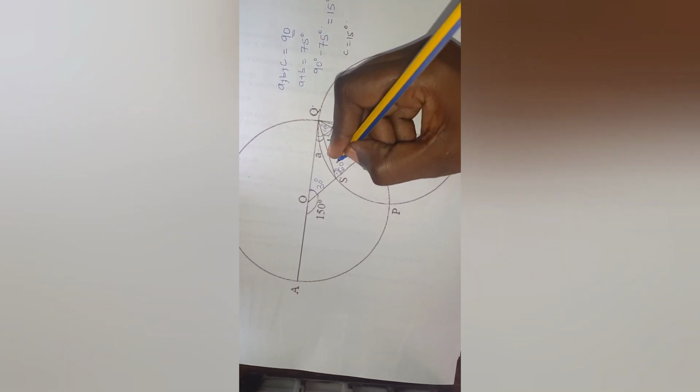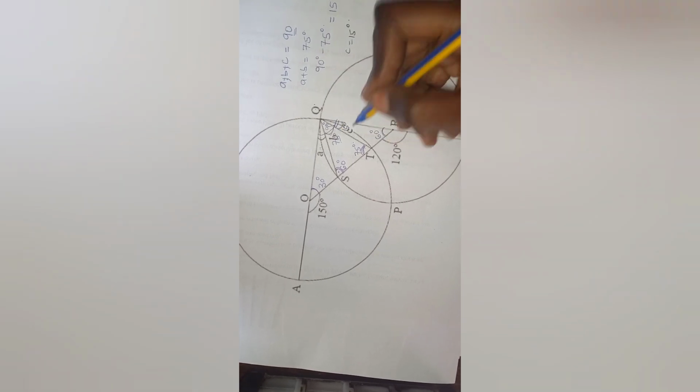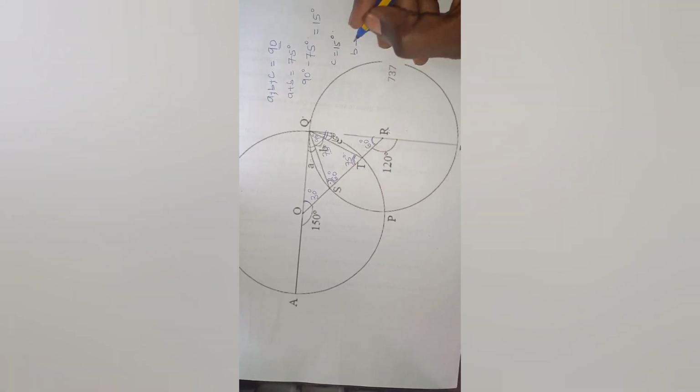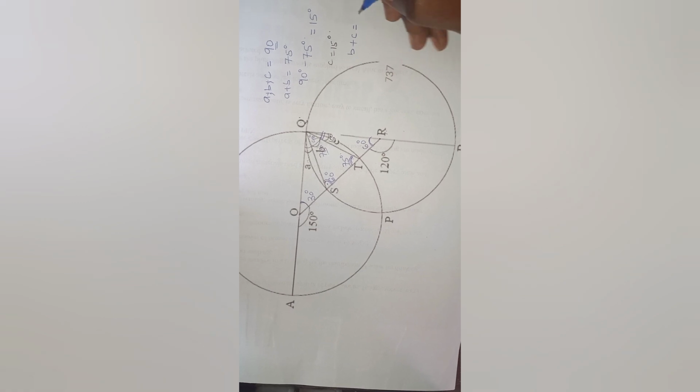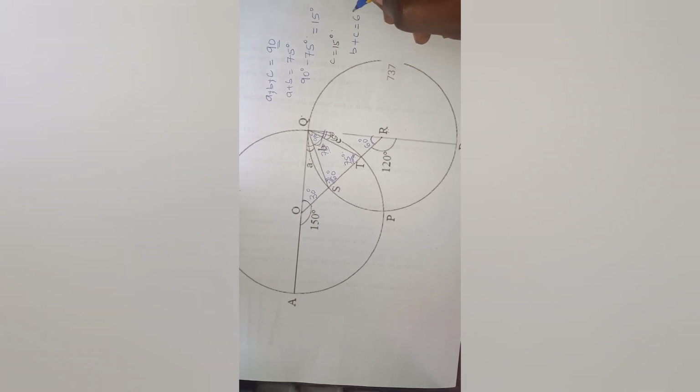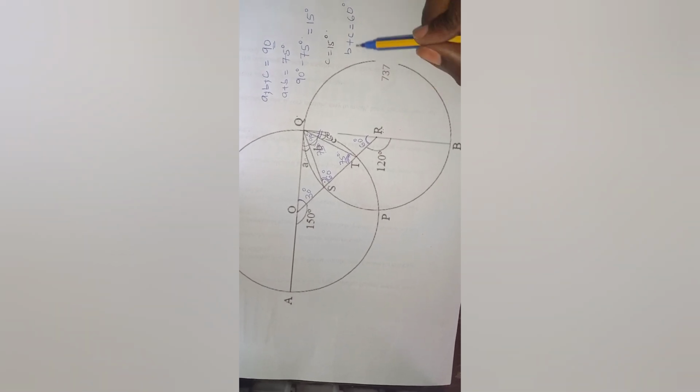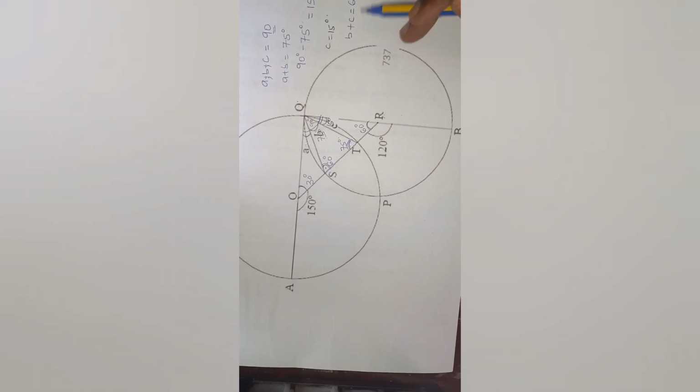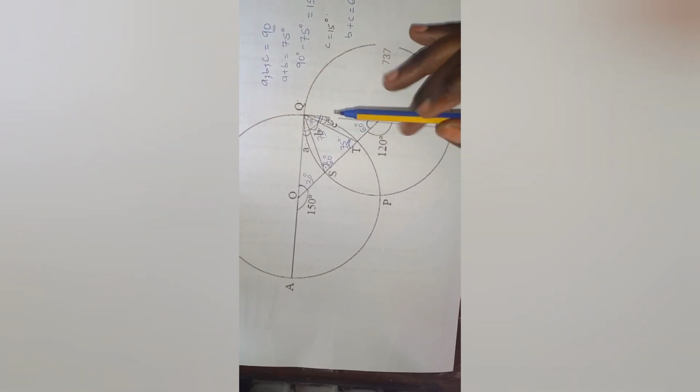We'll get 60. So this angle at S is 60 degrees, and angle B plus C is also equal to 60 degrees. Angle B plus C is equal to 60 degrees.